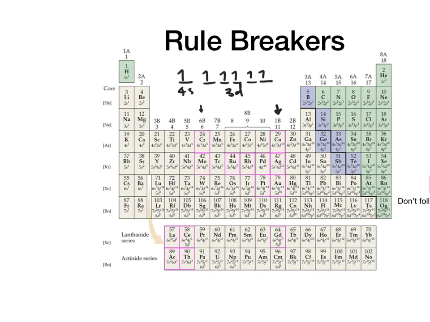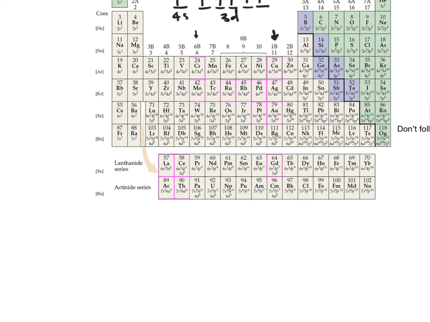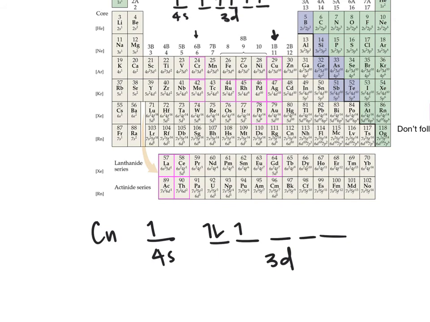So you'll notice that a lot of these would be the difference between a half filled and an almost fully filled. So if you look at copper, which also has the 4s and the 3d, for those 10 electrons, it is better to have a fully filled d orbital than to leave one electron out of the d orbital. So it will move one from the 4s to the 3d.